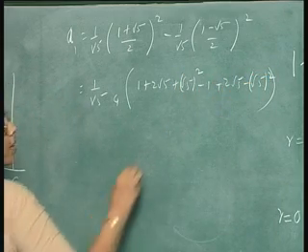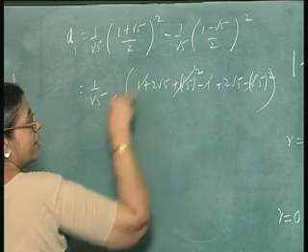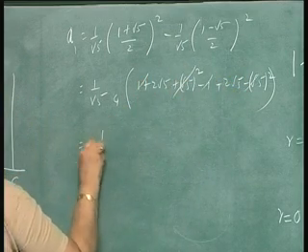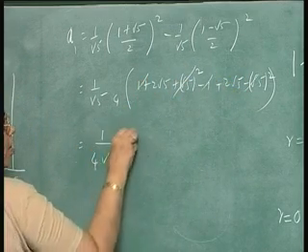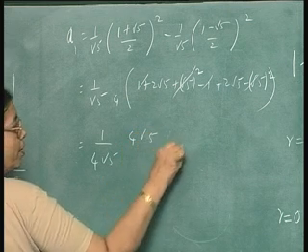So, this will cancel with this, will cancel with this, will give you 1 by 4 root 5, 4 root 5 it is equal to 1.